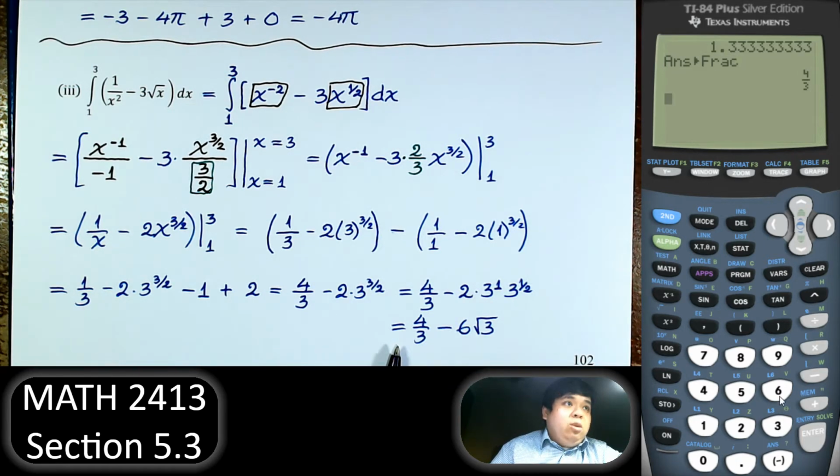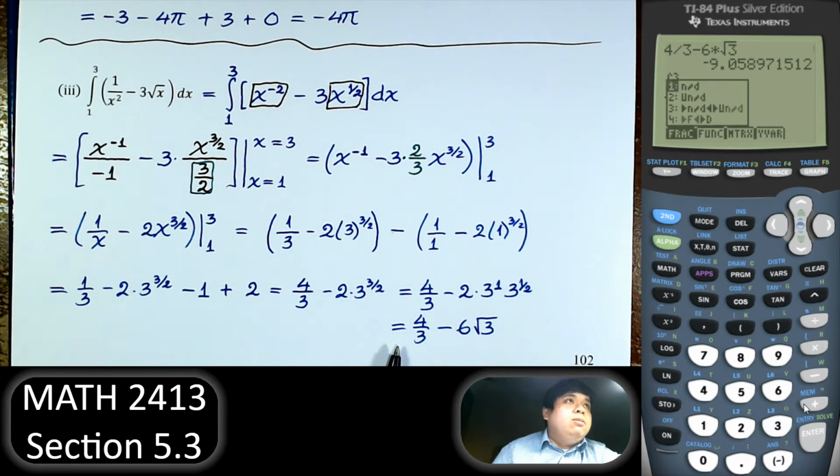Yeah, so this is the nicest answer that we have. So let's just do that and see what the values are. 4/3 minus 6 times square root of 3. Right, so that's what we have. Now, we check it with the calculator: from 1 to 3, 1 over x squared minus 3 square root of x dx.